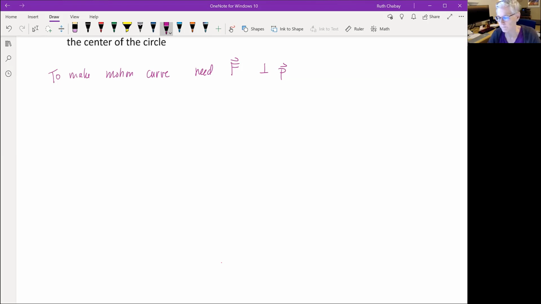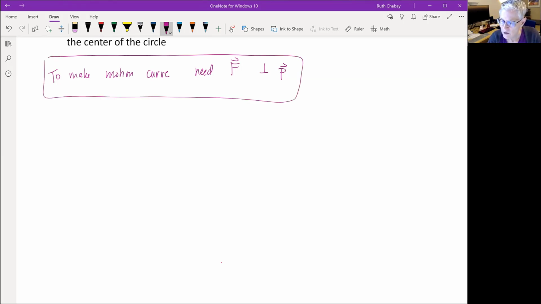And so it's pretty clear that you're never going to make something go in a curve by applying a force either in the direction it's going or exactly opposite to the direction it's going. So applying a force parallel to the momentum is definitely not going to make it curve. And so that'll make it speed up or slow down, but it's certainly not going to make it curve.